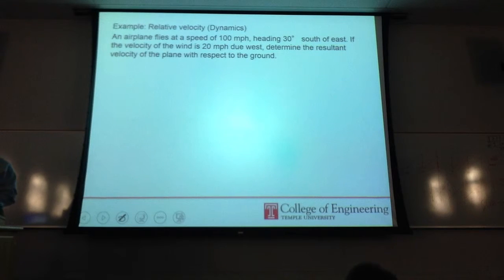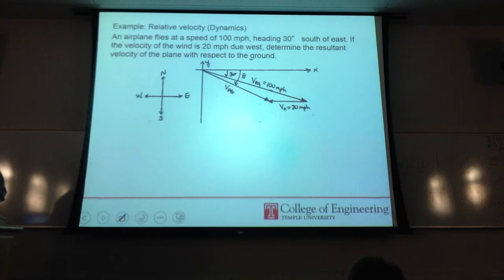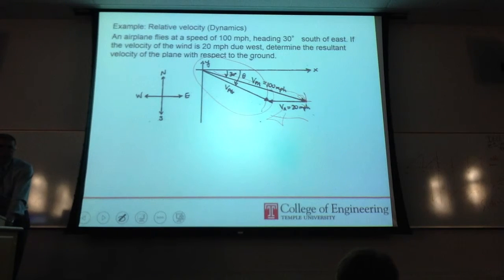So if I draw it, this is what I get. This is the initial position, but then we have the wind, which is opposing it. And what I want to find out is the velocity of the plane.